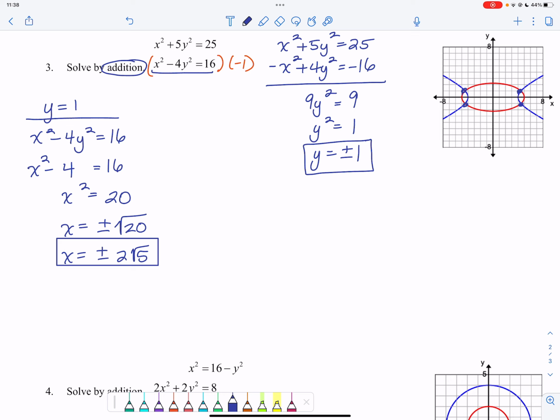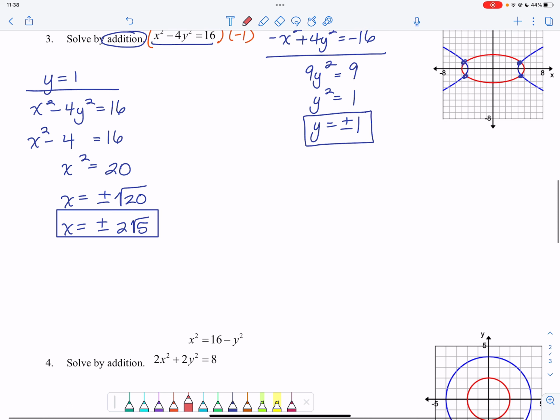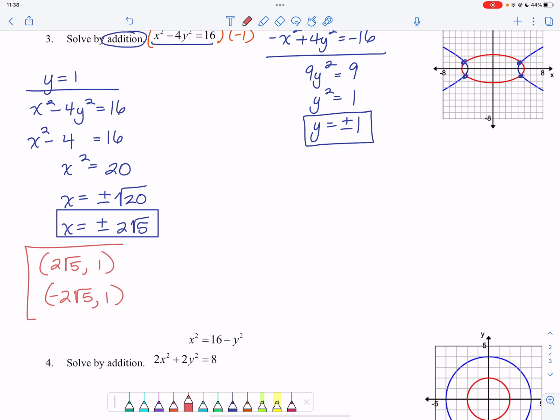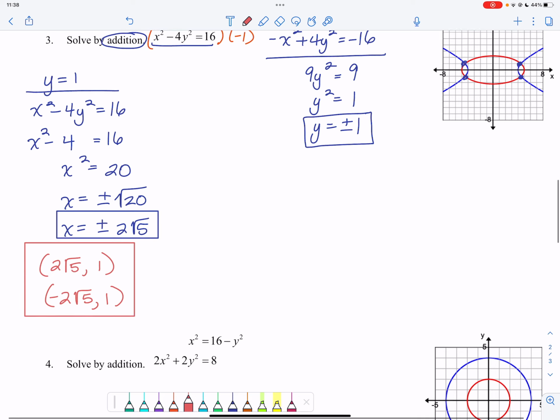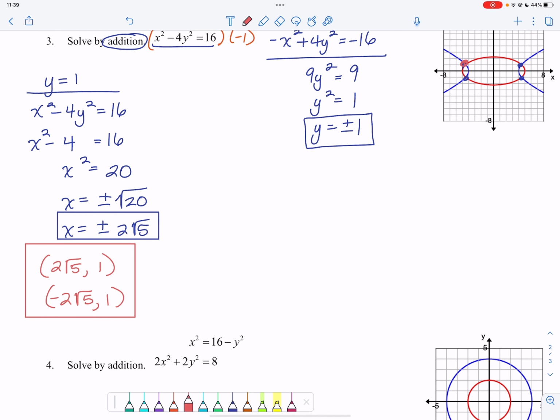That was when y was equal to 1. So we have (2 root 5, 1) and the opposite of 2 root 5, 1. Here are 2 of our solutions. So you could see those were this one and this solution, okay?